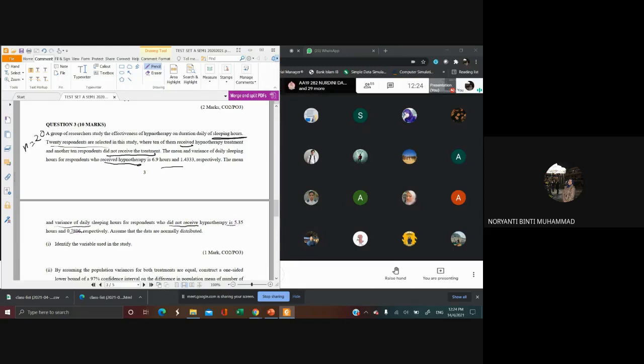So that means you have two populations: receive and do not receive treatment. You have X bar receive and S square receive, and then X bar do not receive and variance do not receive. Variance given here, when it's a sample, is S square. Okay, so assume the data are normally distributed.